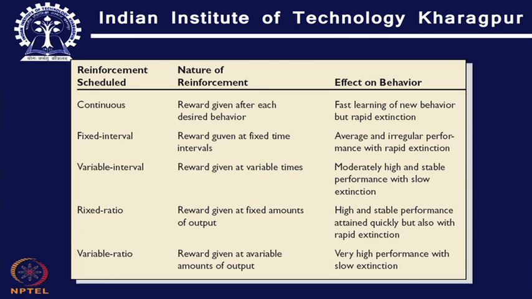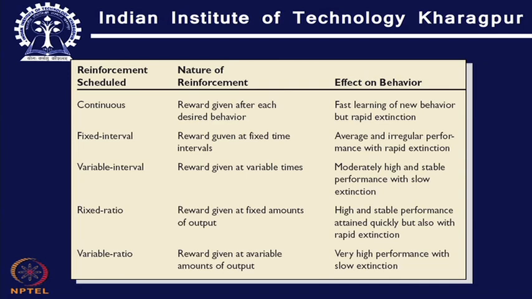Variable interval schedule is rewards given at variable times. Effect on behavior is moderately high and stable performance with slow extinction. When we are talking of fixed ratio, that is rewards given at a fixed amount of output.